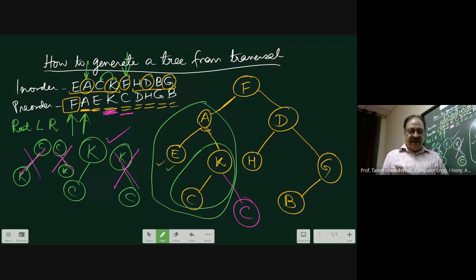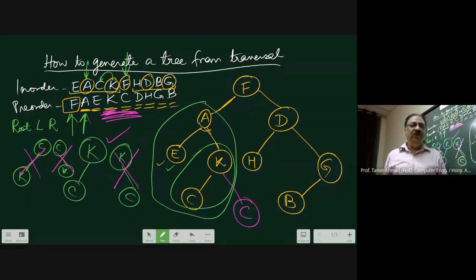F A E K C. Either C is the left of K or right of K, this is perfectly correct, isn't it? There will be no change. But in the in-order, it will change. If it is the left of K, it will be CK. If it is in the right of K, it will be KC.